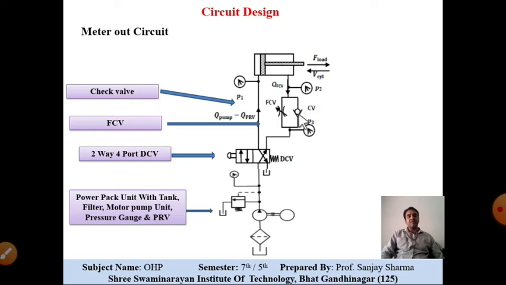So the V shape should come at the top and the ball at the bottom. So slightly make the correction in this diagram: the check valve should be inverted, not in this position. The V shape should be upward and the ball should be downward. So this is how the meter out circuit is working.